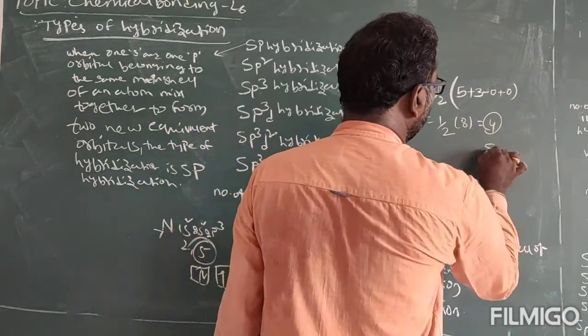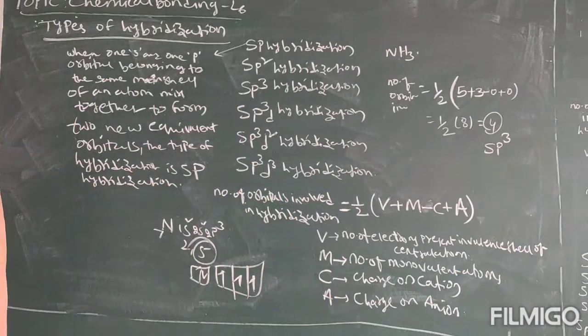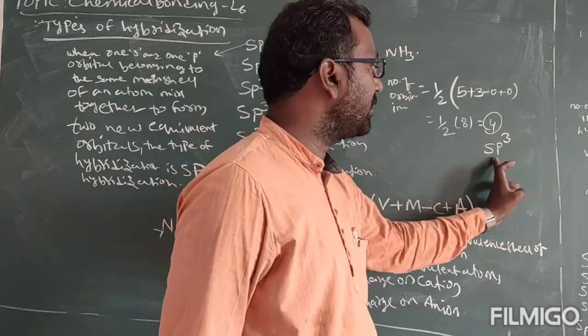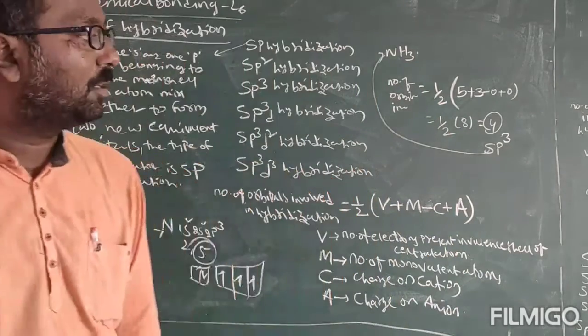When you get 4, it is sp3: one s orbital and three p orbitals, then only you will get sp3. So that is the case. So sp3 hybridization is possible with what?